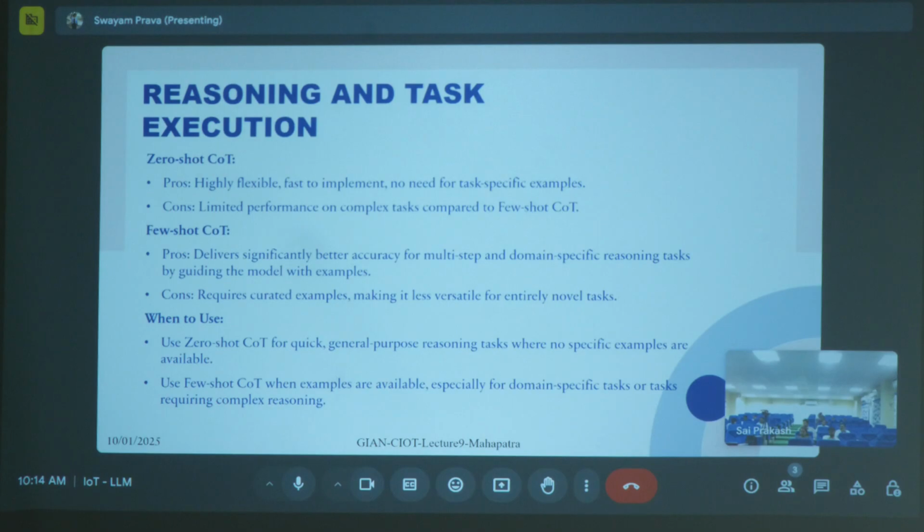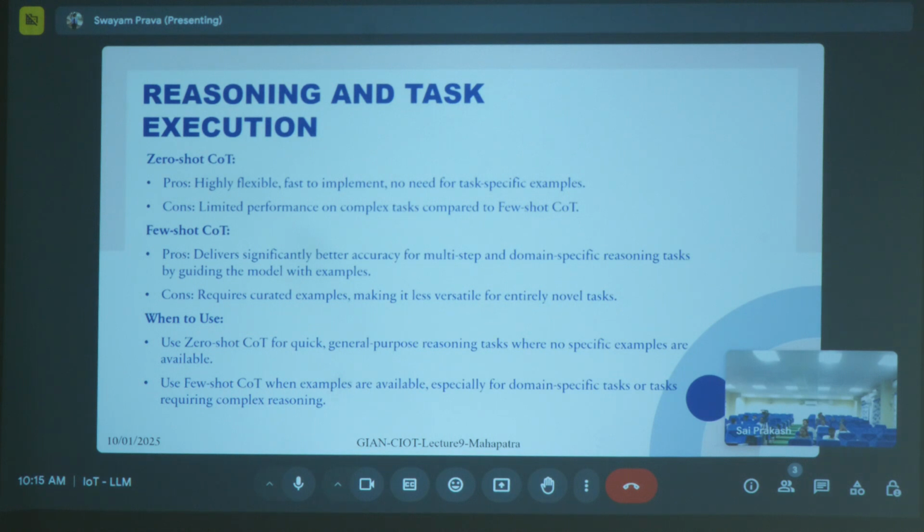On the other hand, few-shot chain of thought provides significantly better accuracy for multi-step or domain-specific tasks by guiding the model with examples. However, it requires carefully curated examples and is less versatile or general for entirely novel tasks.